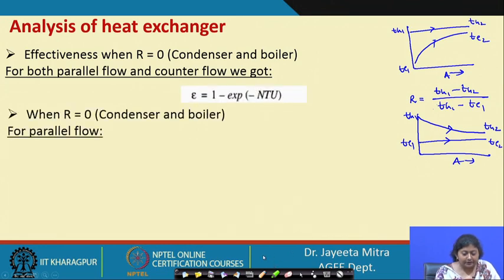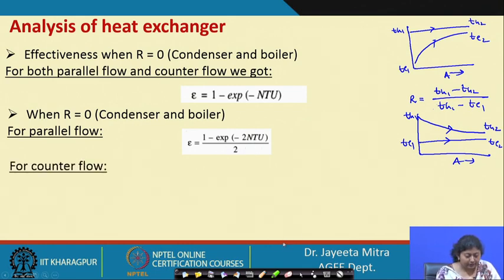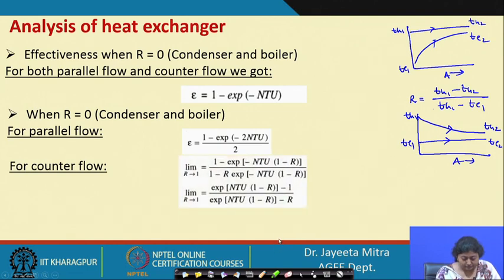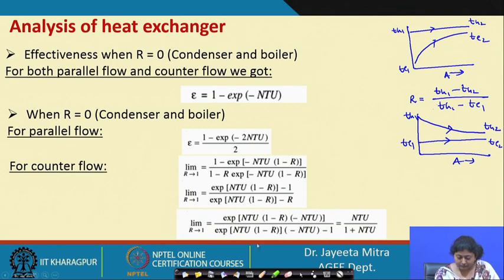So, effectiveness is expressed as 1 minus exponential minus NTU for parallel flow. Effectiveness is equal to 1 minus exponential minus 2 into NTU by 2, and for the counter flow this is expressed as NTU by 1 plus NTU.